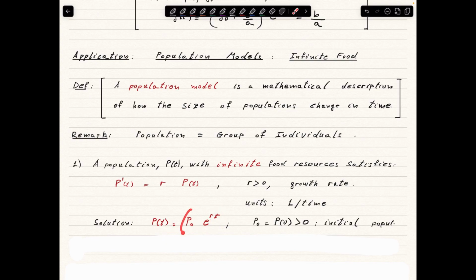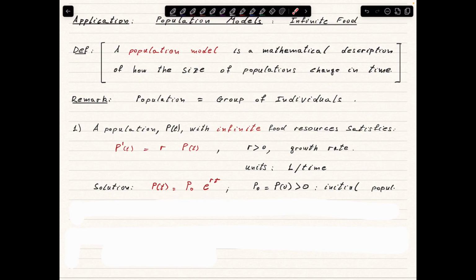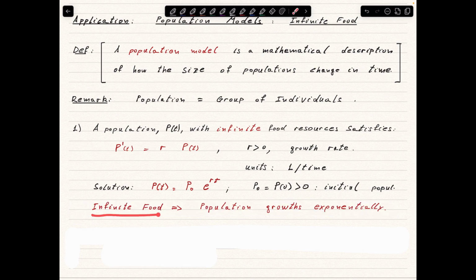And this is the initial population. Because of that solution, this equation is called the exponential growth equation, because the solutions are exponentials. And what this equation is saying is that when a population has infinite food resources, then the population grows exponentially.